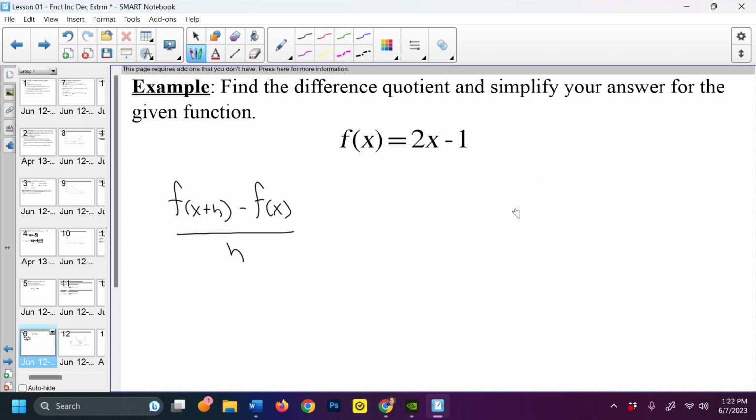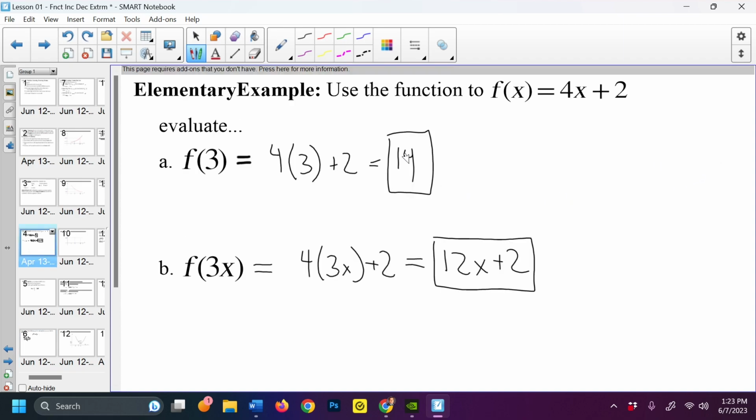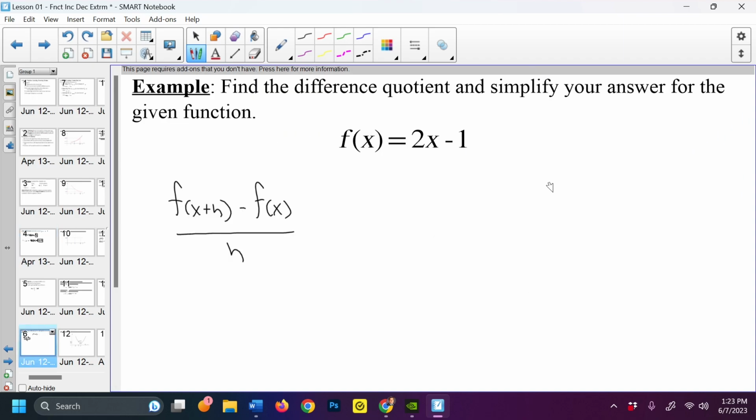I want to do just this first expression, f of x plus h, first. Just like I plugged in 3x into my function, I am going to plug in this x plus h for the x in the expression 2x minus 1. So what I'll get here is 2 times x plus h, minus 1.